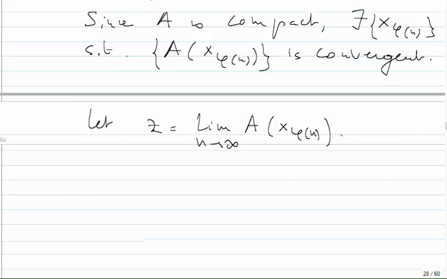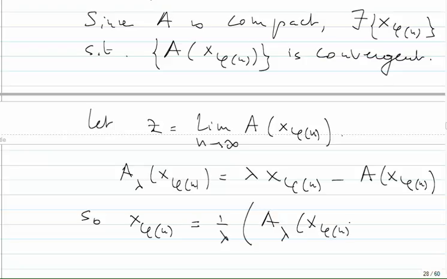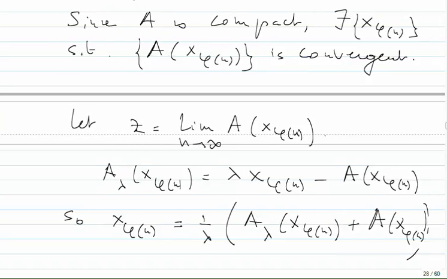Now what do we have? We have A_lambda of x_phi(n) equal lambda x_phi(n) minus A of x_phi(n). So x_phi(n) is equal to 1 over lambda times (A_lambda of x_phi(n) plus A of x_phi(n)). Okay, so now we use the convergence.